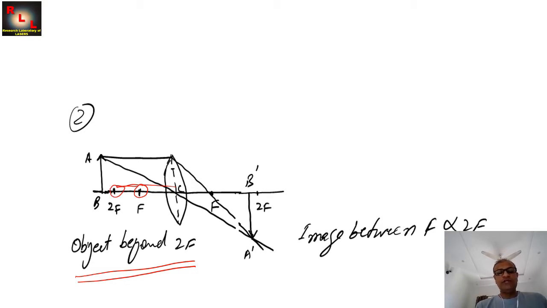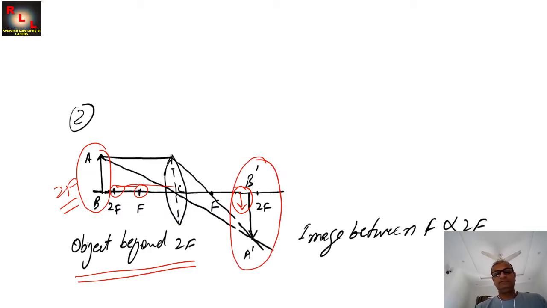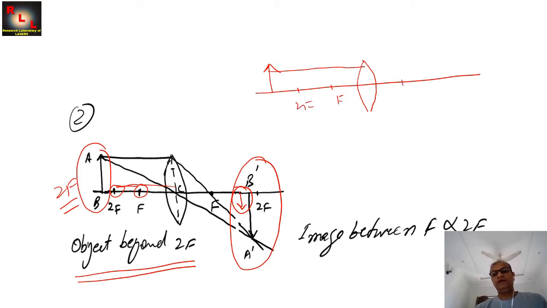So if the object is lying beyond 2f, the image will be formed between f and 2f, like this one here. So here is your lens, here is your object, and here is your f, here is 2f, similarly here is f, here is 2f.